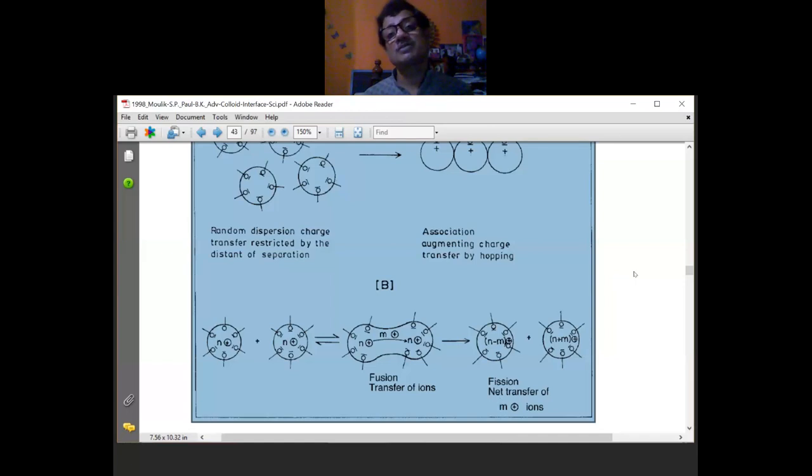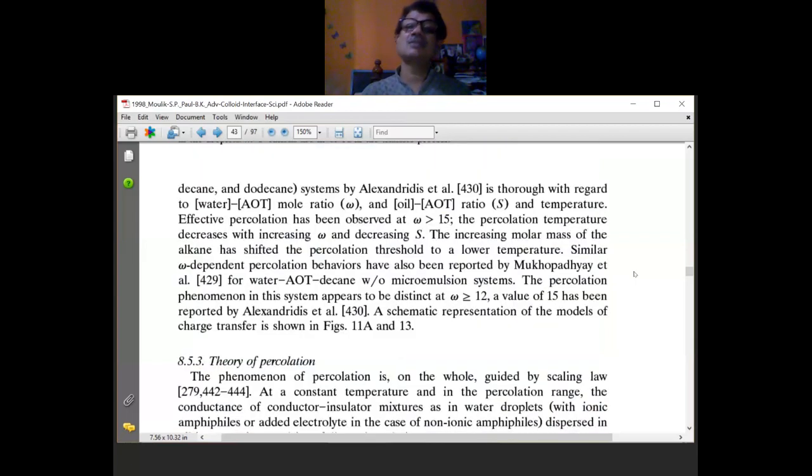Now, what would you expect? Suppose I am taking a water in oil microemulsion comprising some ionic species, and I am increasing the volume of the water pool. I mentioned the water by AOT mole ratio. AOT means surfactant. So the water by surfactant mole ratio is called omega, and the oil by surfactant ratio is called S. These are the standard conventions.